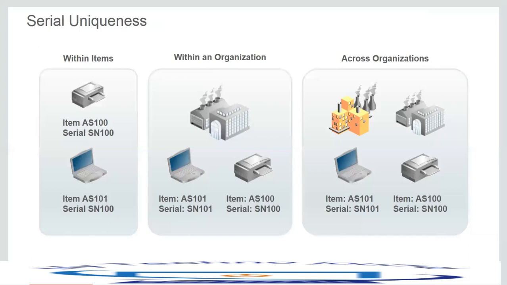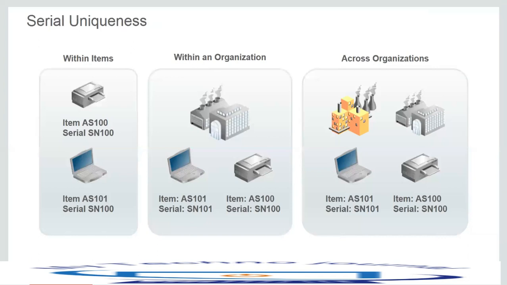However, we can receive item B with serial number SN100 in another inventory organization. So within the same organization, we cannot have the same serial number SN100 again.